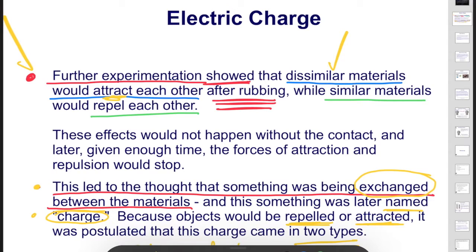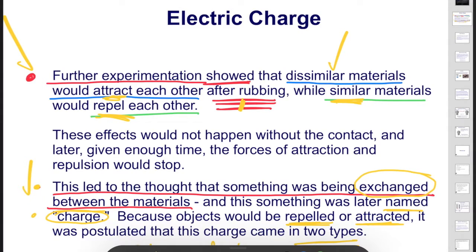Here we have a point that needs to be in your notebook. But this only happens after rubbing. Then we also have something that they found in the experiment, that similar material or similar objects, after rubbing again, they what? Repel each other. And that's something that we saw in the video and we need to understand to be able to go to the next topic.